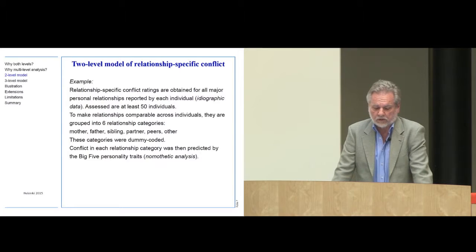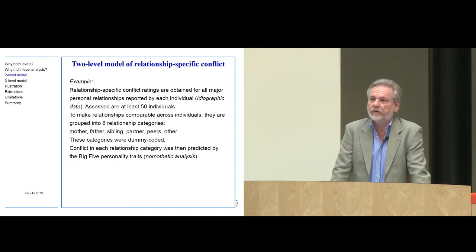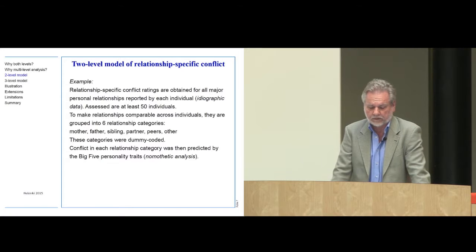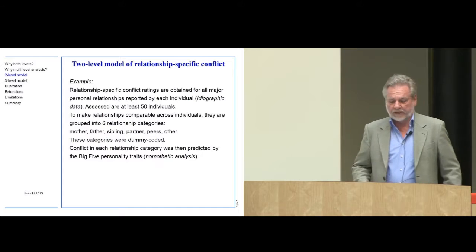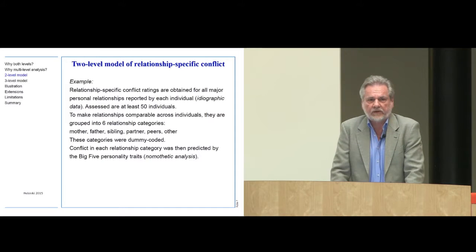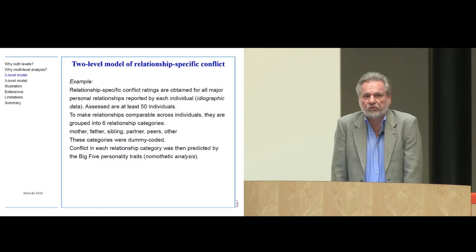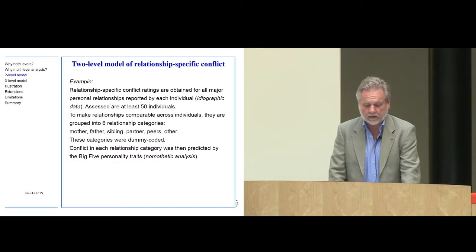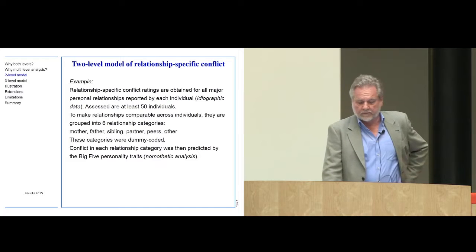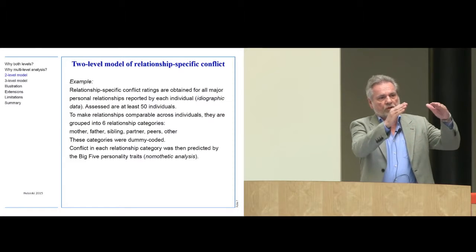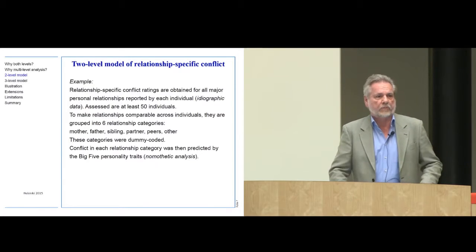Then you can dummy code the categories: 1 if the relationship is from that category, 0 otherwise. And so the units of analysis in this multi-level model are relationships, not persons. And at the higher level, you have persons, because the relationships are obviously nested in persons.